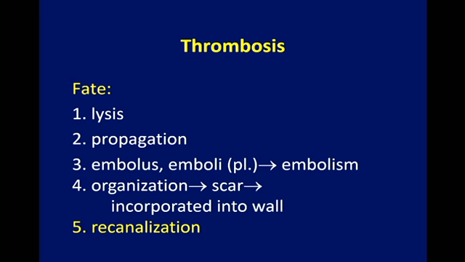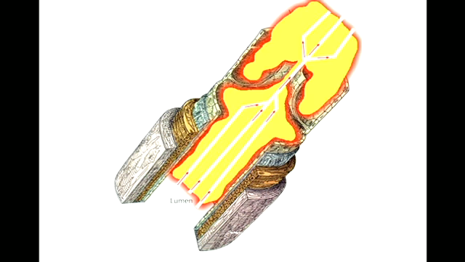So, for instance, if that thrombus changed into granulation tissue, which it can, and there it is there straight away, I've changed it into granulation tissue, by endothelial cells and fibroblasts migrating in from the wall, you can actually reconstitute blood flow back into that vein or artery. I've seen them in coronary arteries where you can recanalize the blood flow. And the amazing thing is that you can see that the vessels align themselves in the direction of blood flow.